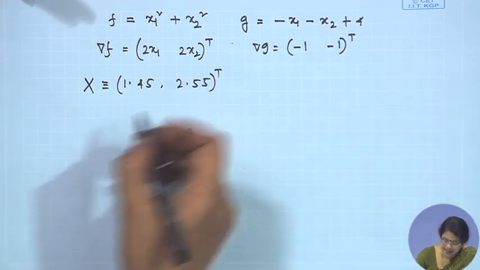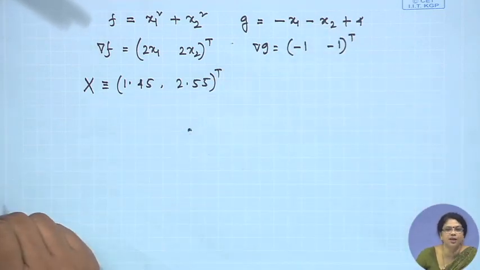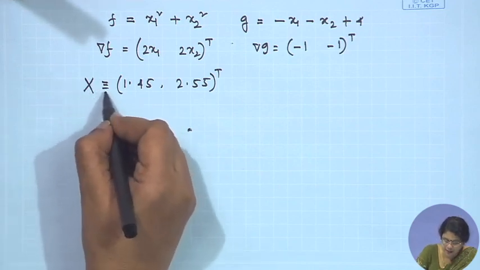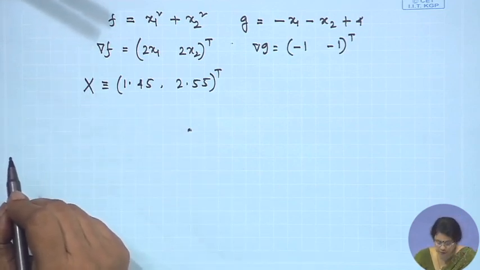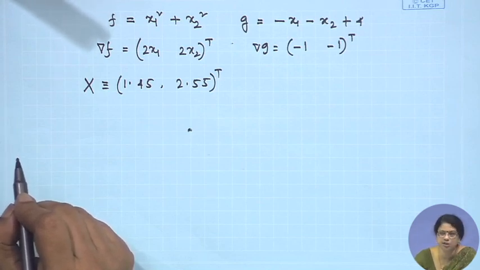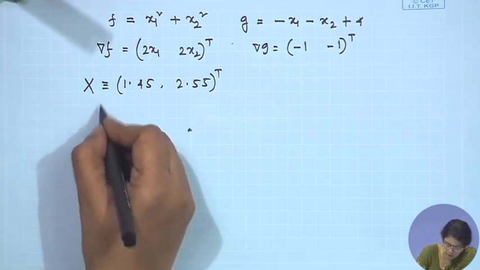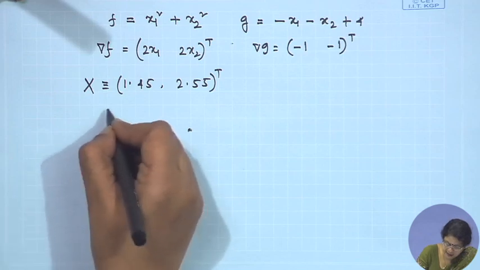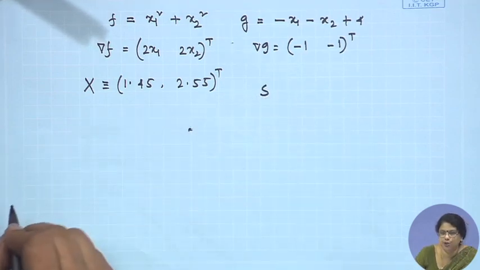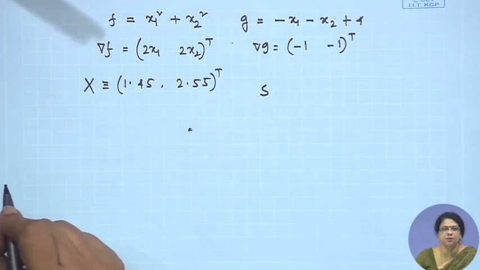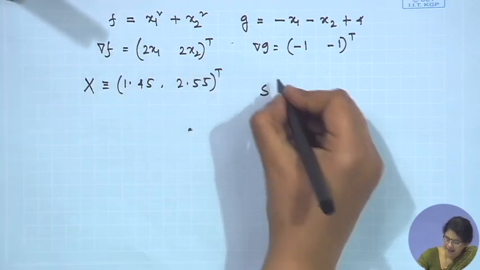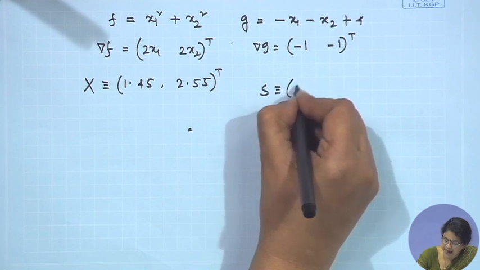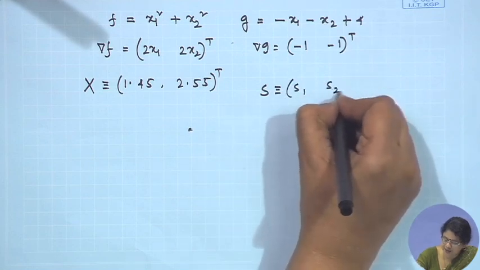Alright. If I start my journey from here, which direction will be the descent direction for me, because the problem is one of minimization? You will say S is a direction. You have two variables here, so this direction will have two components, S1 and S2.